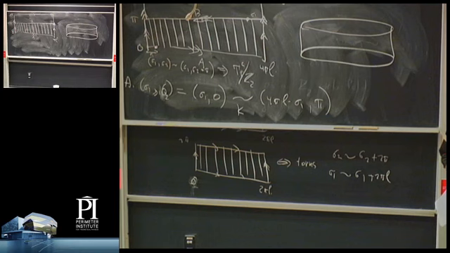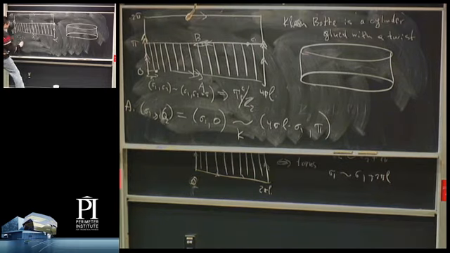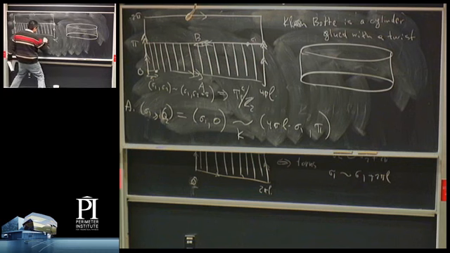So let's see what kind of identification I have to make. If I would make the identification (sigma 1, sigma 2) goes to (sigma 1, sigma 2 plus pi), then I would get a torus, T2 multiplied by Z2.